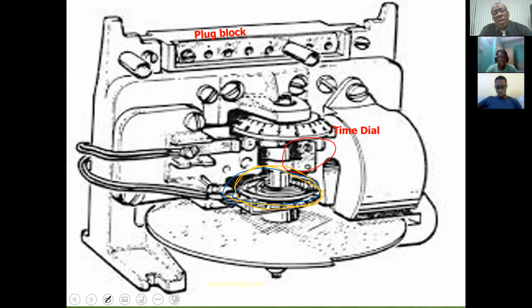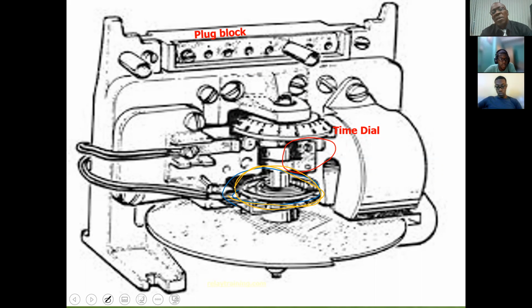So when you have the relay energized for operation, this movable contact will be brought around by the disk, which is moving the contact towards a fixed contact.